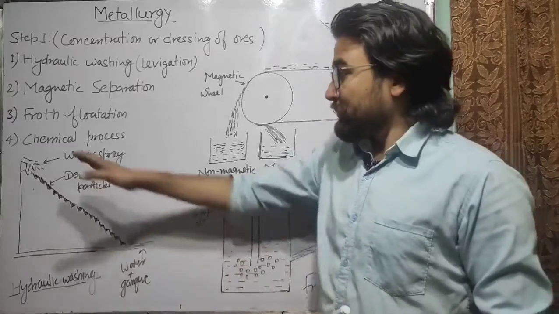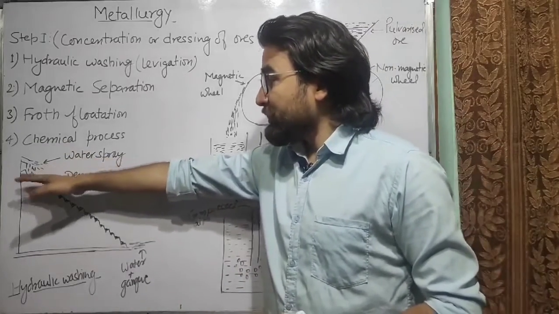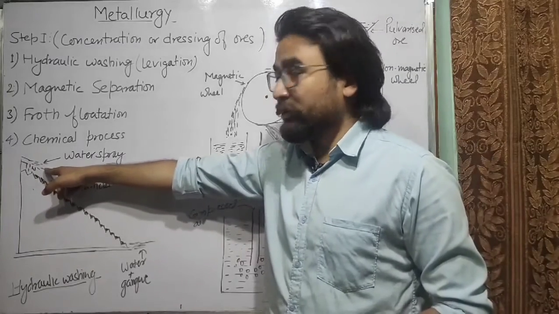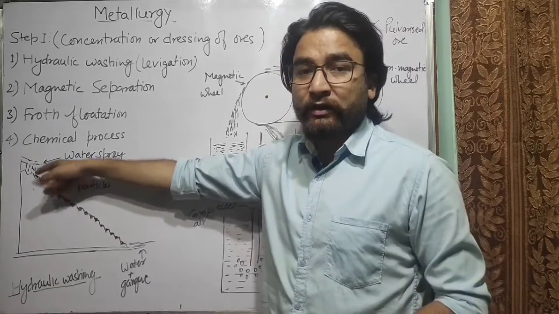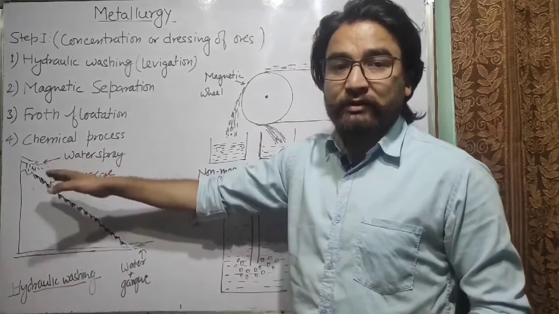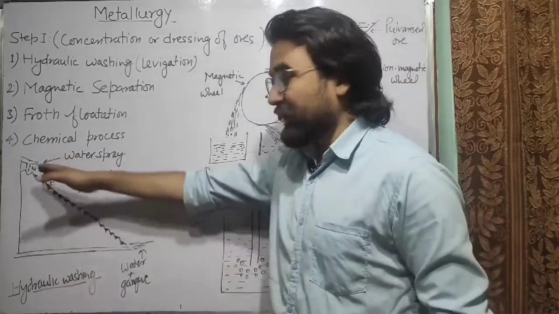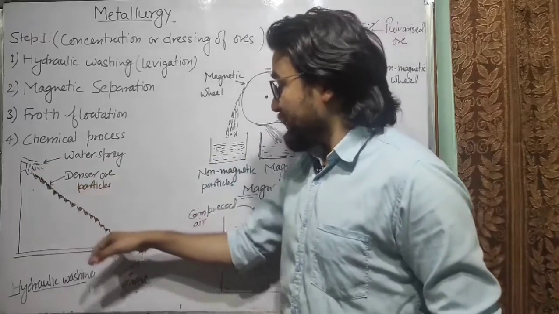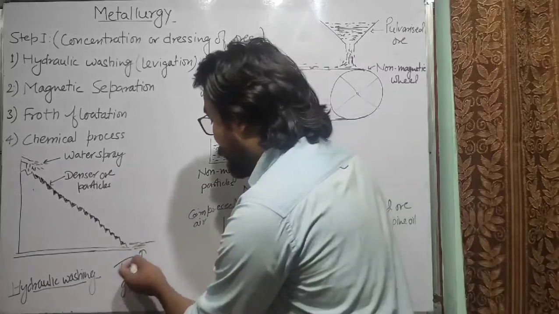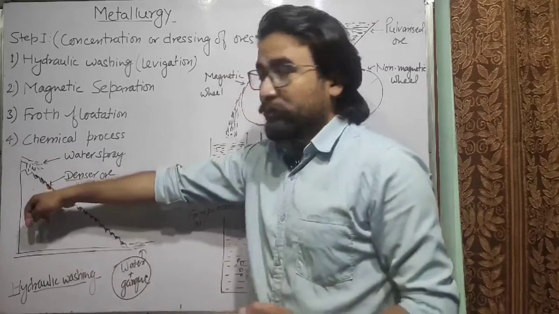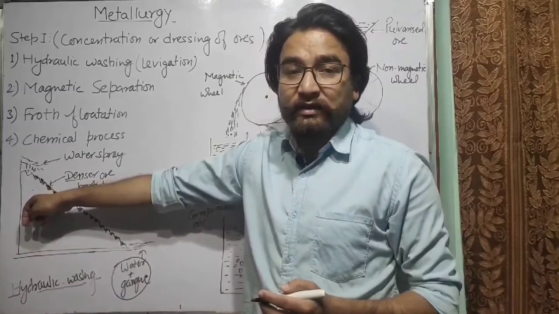What happens? The impure ore is kept on a slope like this, and water is sprayed on the impure ore. The particles of impurity or the gangue particles are lighter than the particles of ore, so they flow with the water, while the denser particles of ore remain.